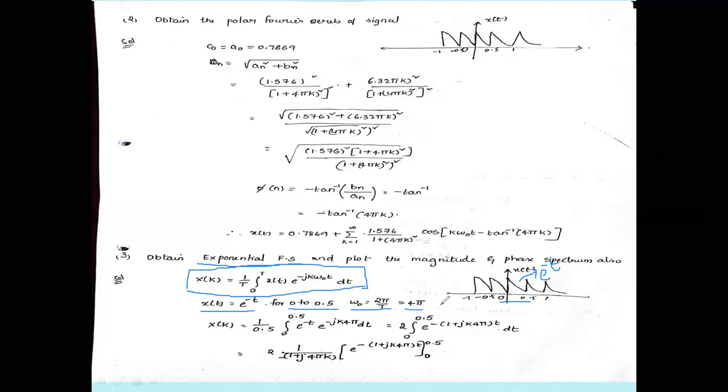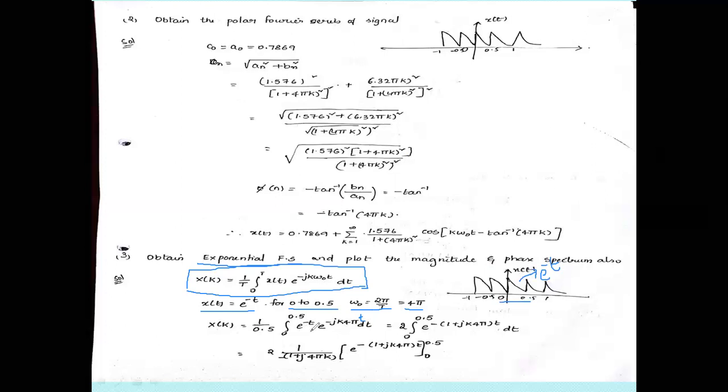These are the givens. So substitute in the analysis equation: x of k is equal to 1 by 0.5, the integral 0 to 0.5, e power minus t, e power minus j k omega naught, which is 4 pi, into t dt, my dear students. Actually, there is some mistake here.